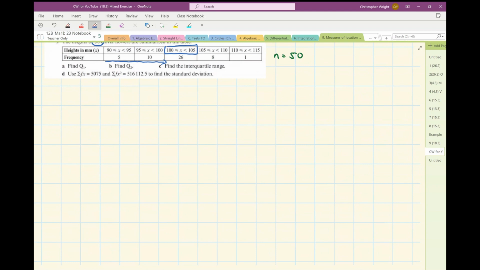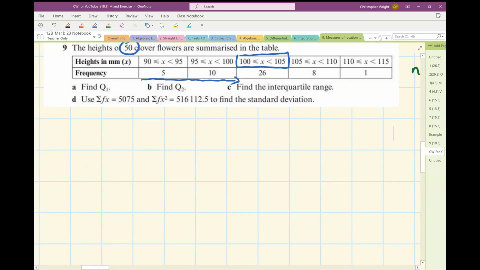Right, part D. I'm told the sum of fx, and I'm told the sum of fx squared. So the standard deviation is going to be the square root of the variance. And the variance is the mean of the squares. So that's going to be 516,112.5 divided by 50, because there are 50 plants, minus the square of the mean.